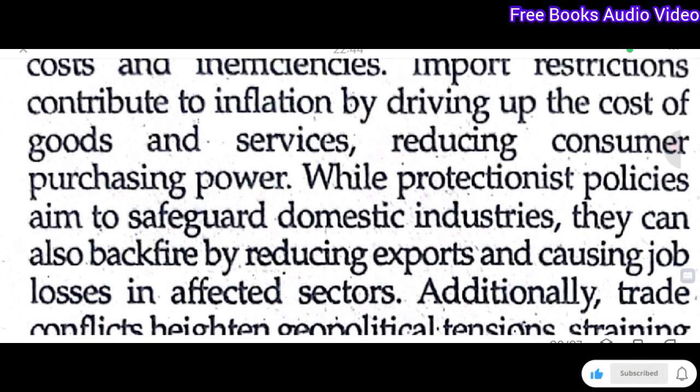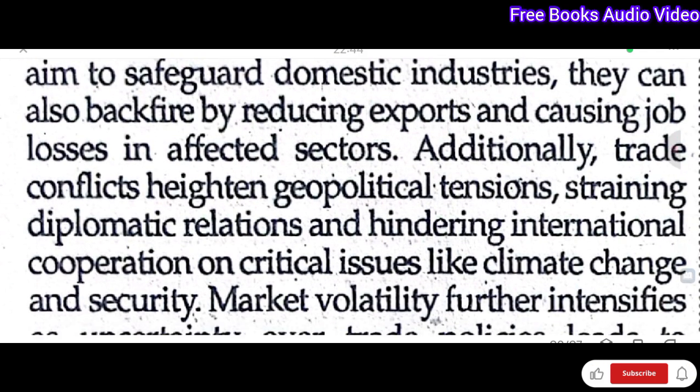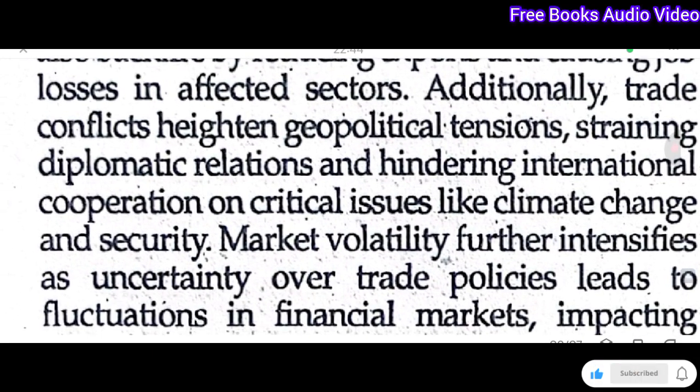Additionally, trade war conflicts heighten geopolitical tensions, straining diplomatic relations and hindering international cooperation on critical issues like climate change and security.